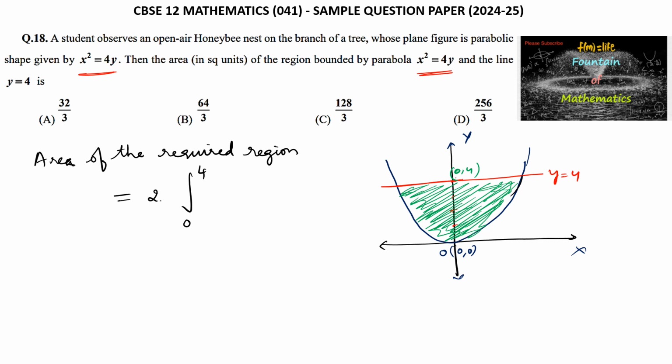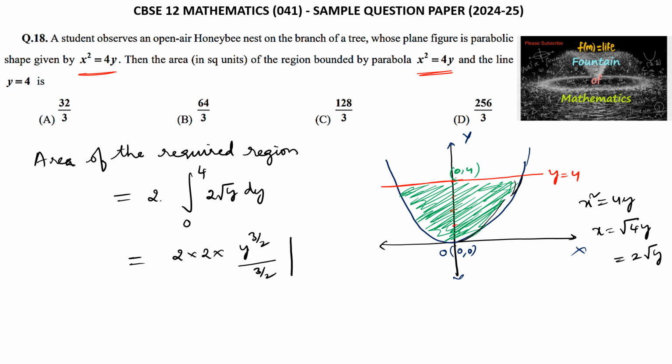and the curve. So here x square is equal to 4y, or we can write x is equal to root of 4y, that is 2 root y. So 2 root y dy, which is equal to 2 times 2 into y to the power of 3 by 2 divided by 3 by 2 over the limits 0 to 4, that is 2 into 2 by 3 into 4 to the power of 3 by 2 minus 0, upper limit minus lower limit.